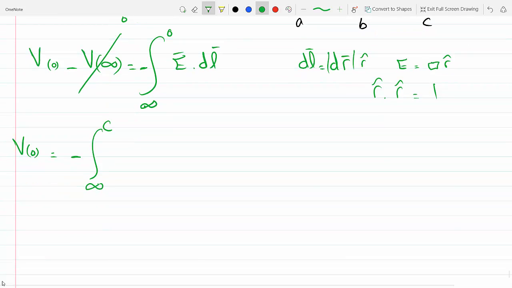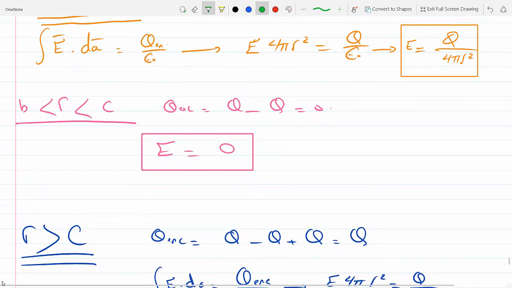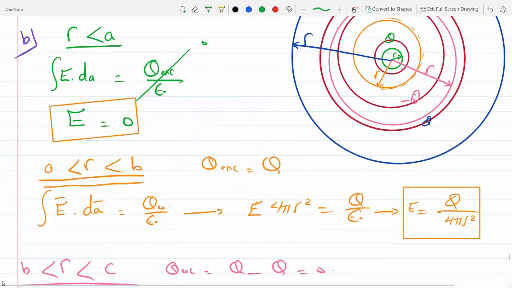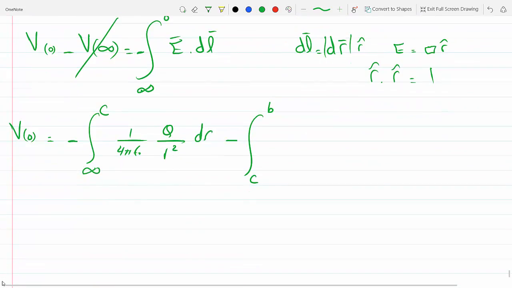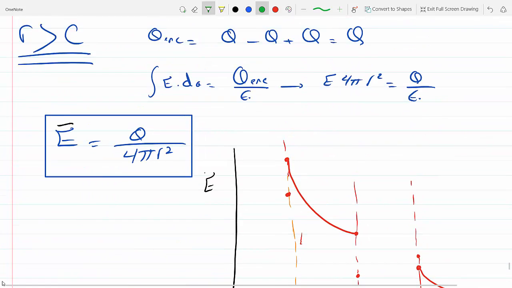So 1 over 4 pi epsilon Q over R squared dr, minus, now I will go from C to B. Between C and B, the electric field there was 0. It's a conductor, so this is 0 times dr, minus, now I'll go from B down to A.